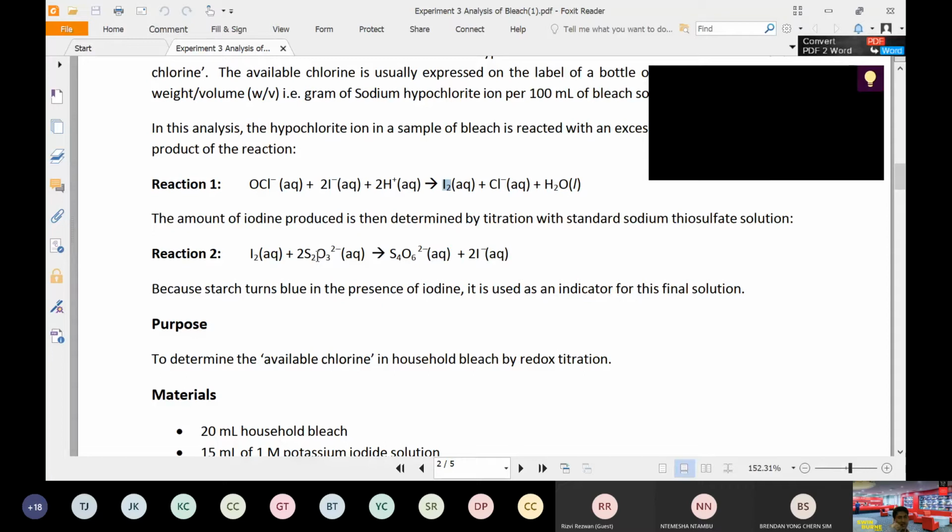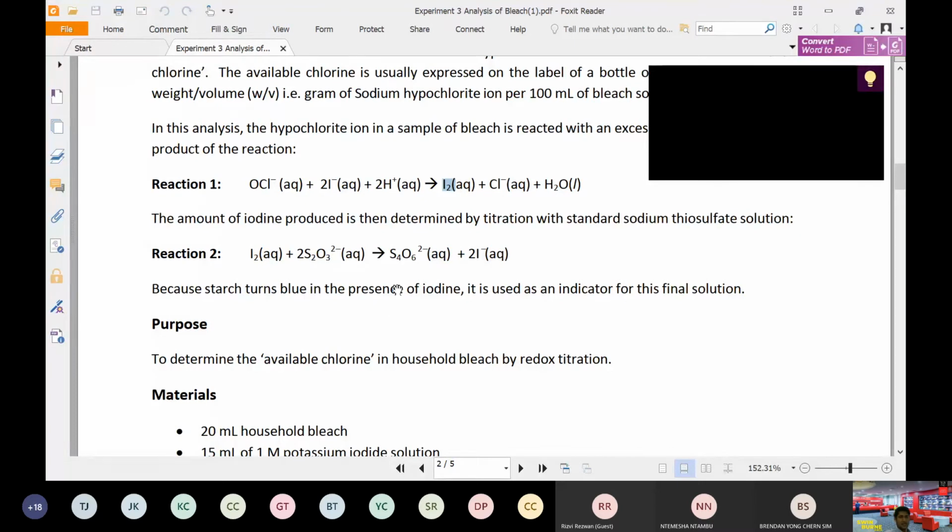Here, when the reaction is happening, iodine is brown. When it is formed, it will be a dark brownish color, and when we are adding this thiosulfate to this brownish color, it will start to fade away, and then pale yellow, and then start to fade away.